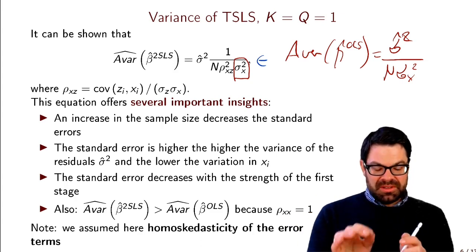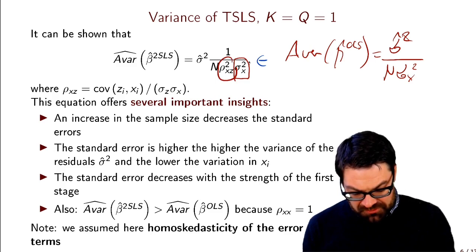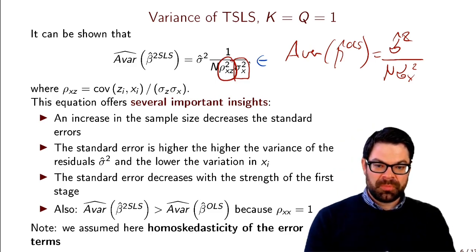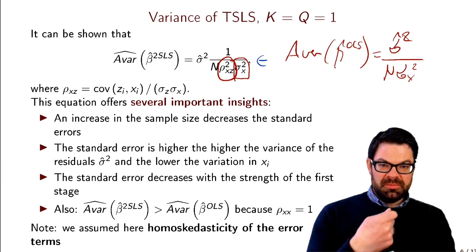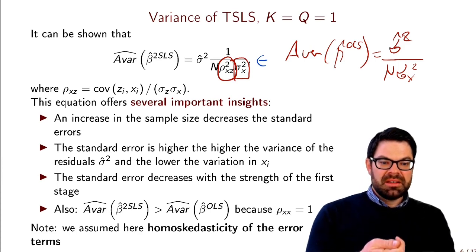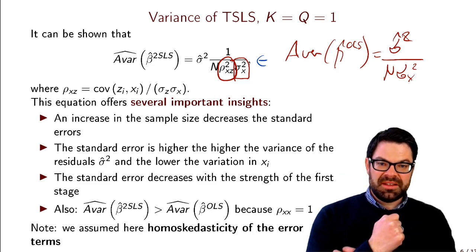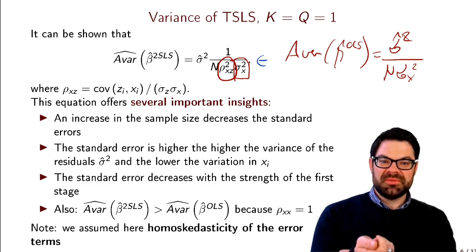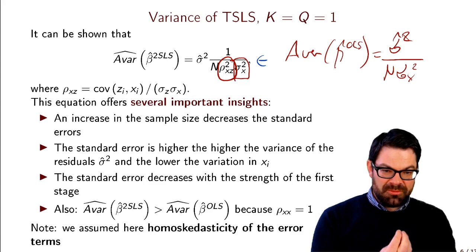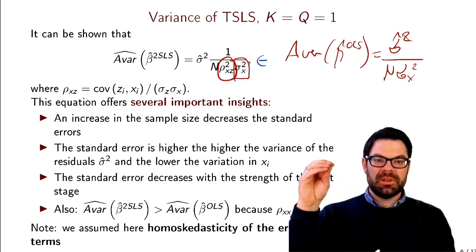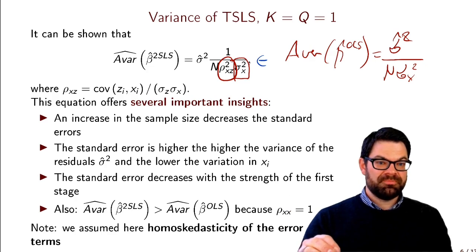But here's where the difference comes in because of this correlation here, because of the first stage. So what you can immediately see here is that the stronger the first stage, the lower is the standard error, and vice versa. So if I have a very weak first stage, I will necessarily have large standard errors.